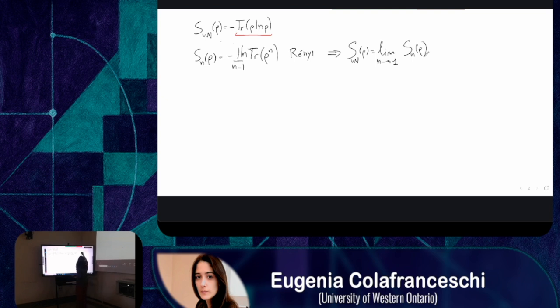Okay, yeah, this is the replica trick. Okay, so the object of interest for us is this quantity here, the trace of the density matrix to some power n. This is what we want to compute.